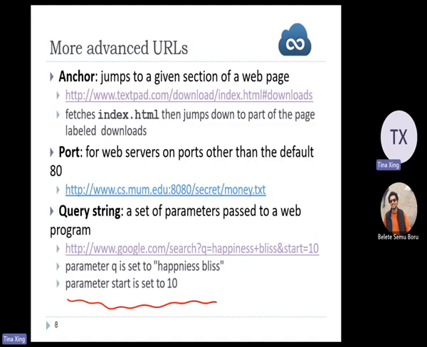More advanced URL. The anchor, you will probably see a lot, which is like this, the hash. Nowadays this anchor is used to jump to a given section of a web page. Let me give an example to you guys.